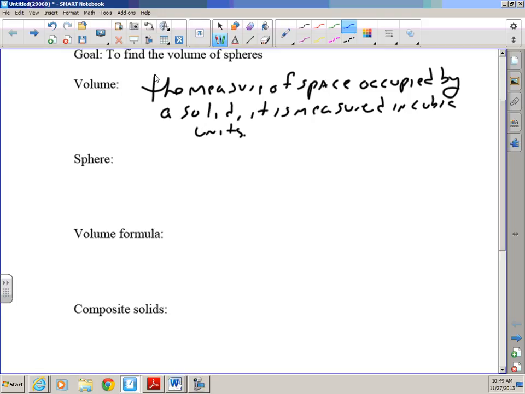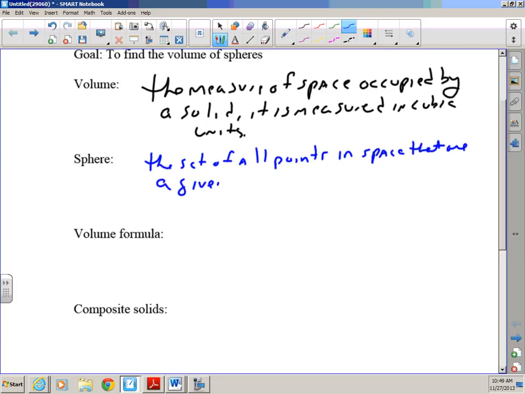So the way we define the sphere is that it's the set of all points in space that are a given distance, known as the radius, similar to a circle, from a given point.